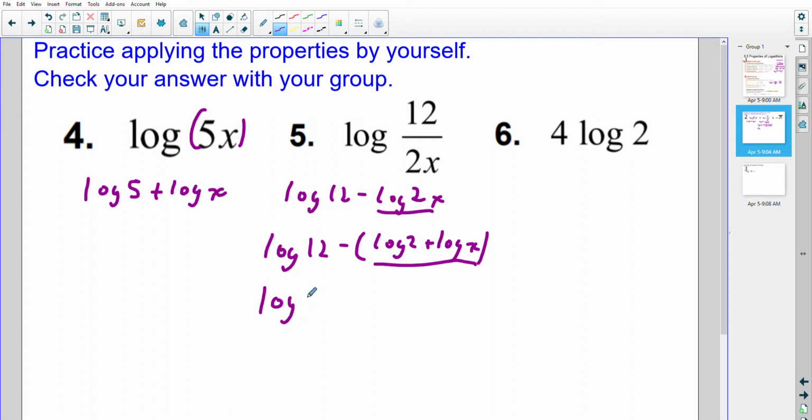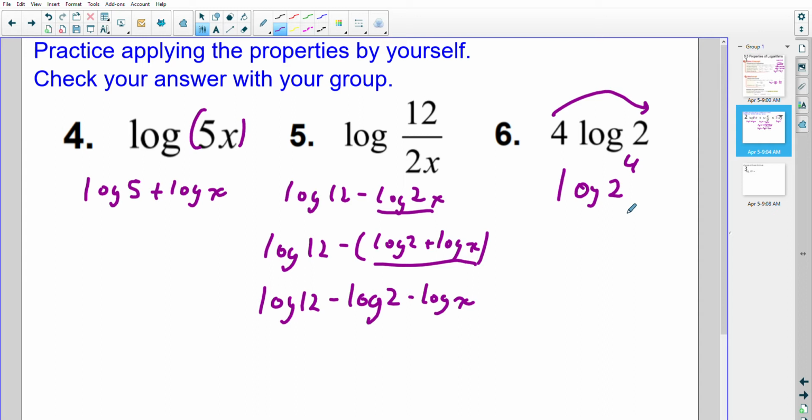Now to finish it off, you're going to distribute that negative sign and see that it equals the last part. This is just the power rule, and so you're basically saying condense this. So the 4 would in fact go up as a power, so it'd be log 2 to the 4th power.